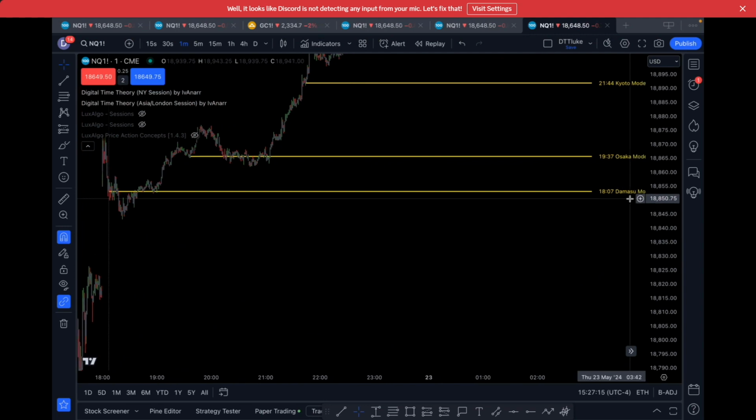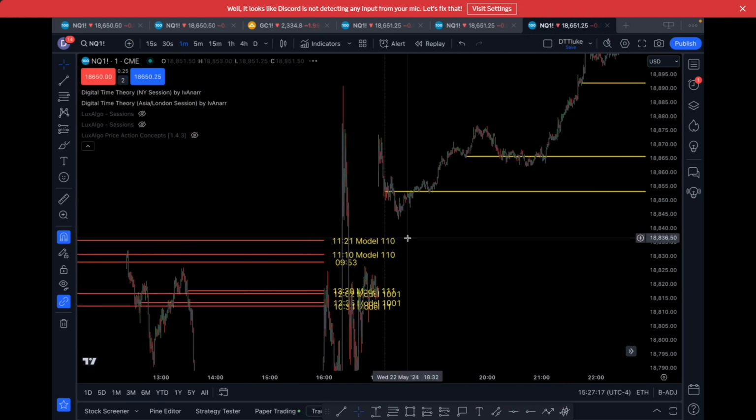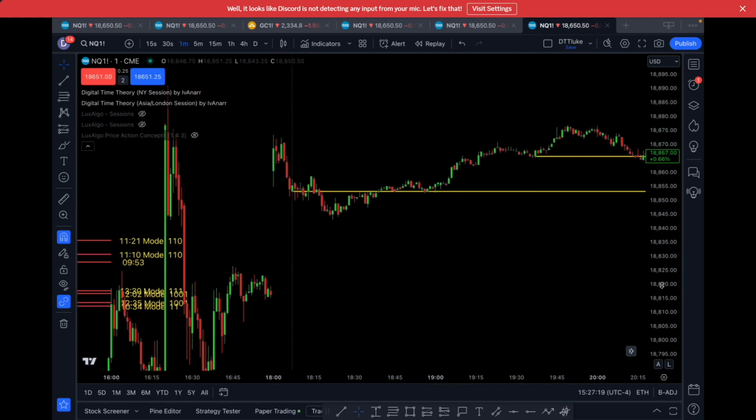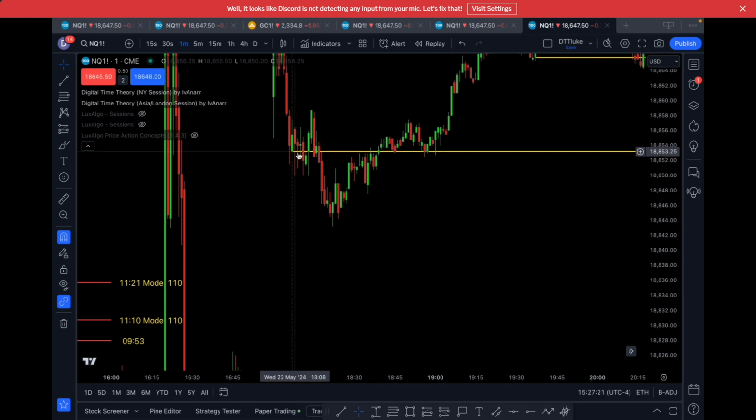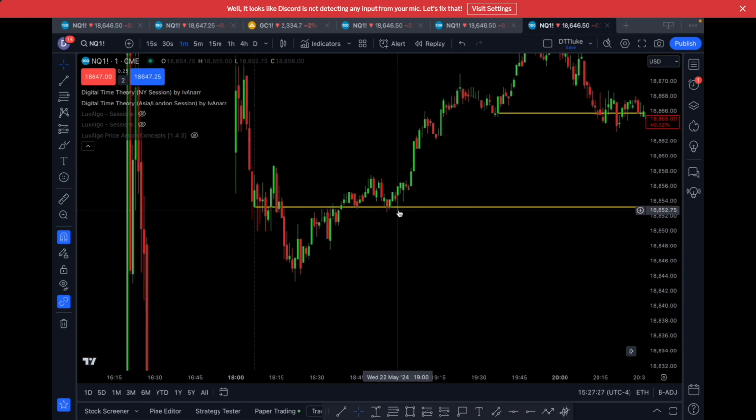You can see that at 1807, this candle right here, the 1807 candle, it used it as support, resistance, and finally, before the market starts pulling, this is where it did it, all right?